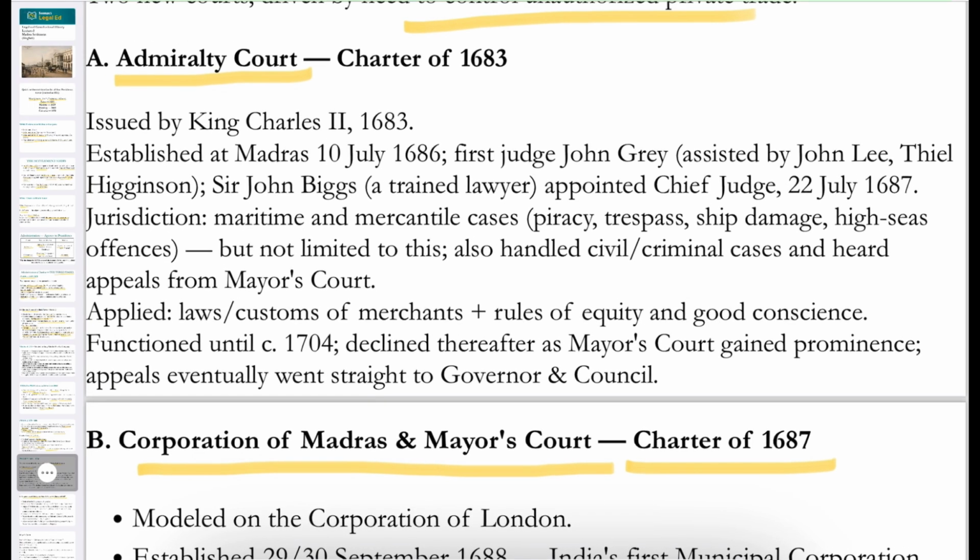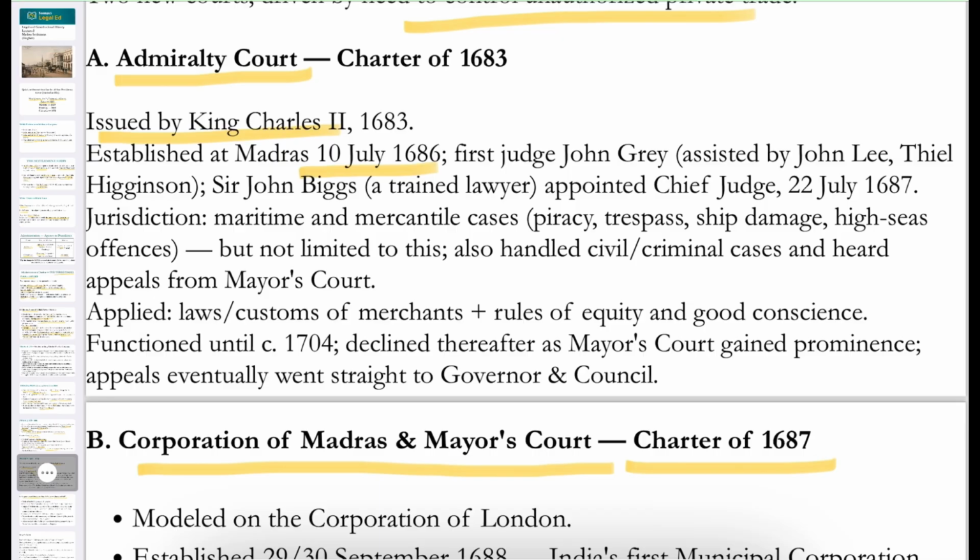The Charter of 1683 was issued by King Charles II. It established the Court of Admiralty at Madras on 10th July 1686 with John Gray appointed as its first judge. After 1 year, a trained lawyer, Sir John Biggs, was appointed as the chief judge.